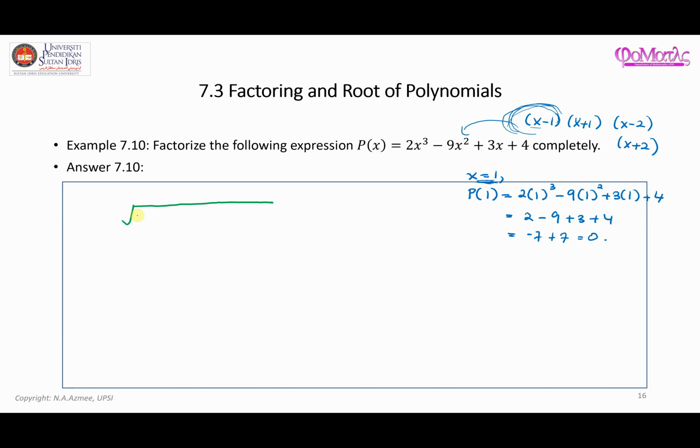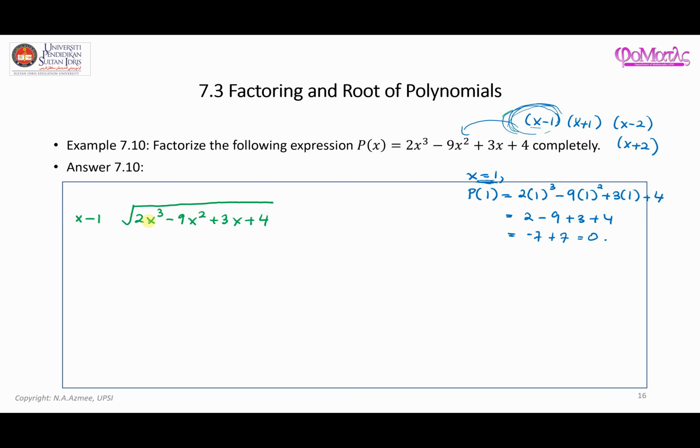Okay, so this is 2x cubed minus 9x squared plus 3x plus 4. And so we're going to take this one as a factor. So this is x minus 1. And so we're just going to continue with the process.